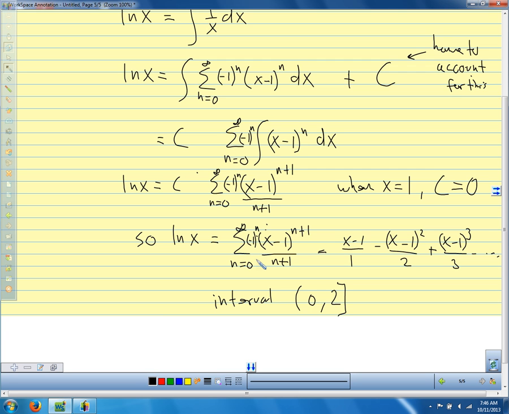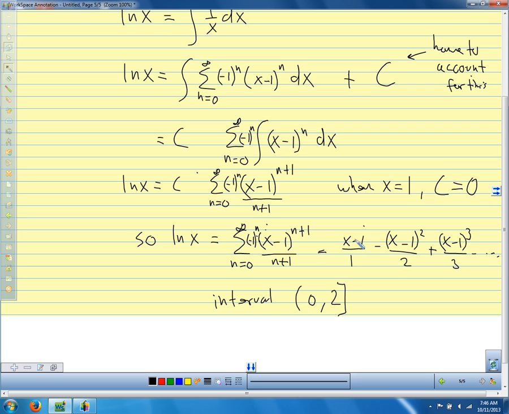And didn't we generate a Taylor series approximation for natural log of x the other day, centered at 1? Did we do that as an example? I think we did. So just a different approach to generating power series. Integrating, differentiating known power series, great way to generate other power series. So we went from a power series for 1 over x to a power series for natural log of x. So nice tool.